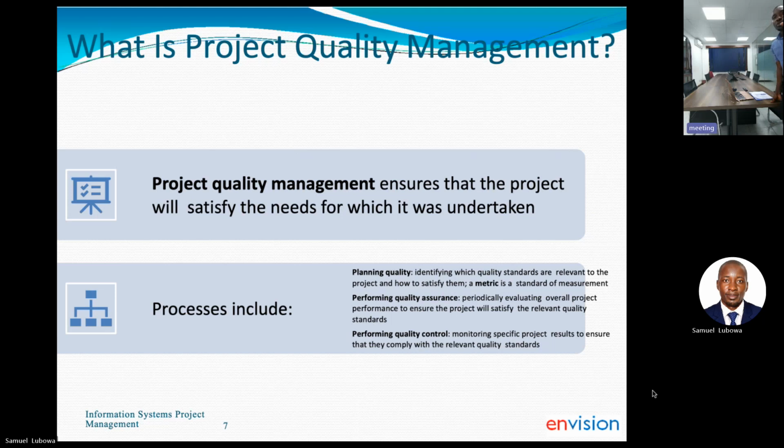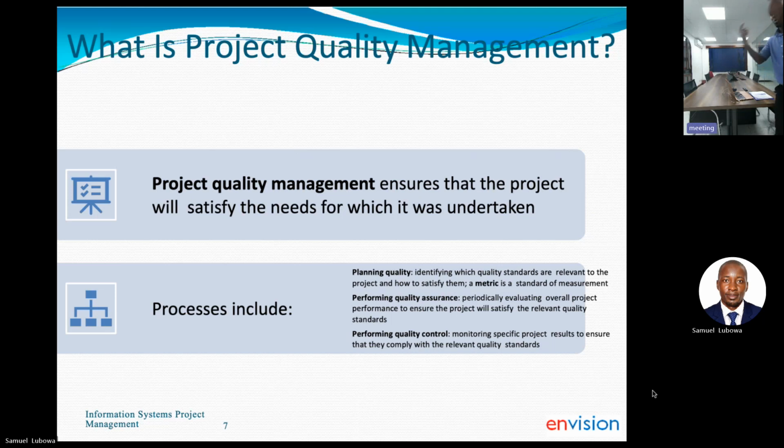After you have set out a plan on how you want to achieve quality on your project, you are going to perform what we call quality assurance. Quality assurance is a repetitive activity that you continue doing every time you develop a project.